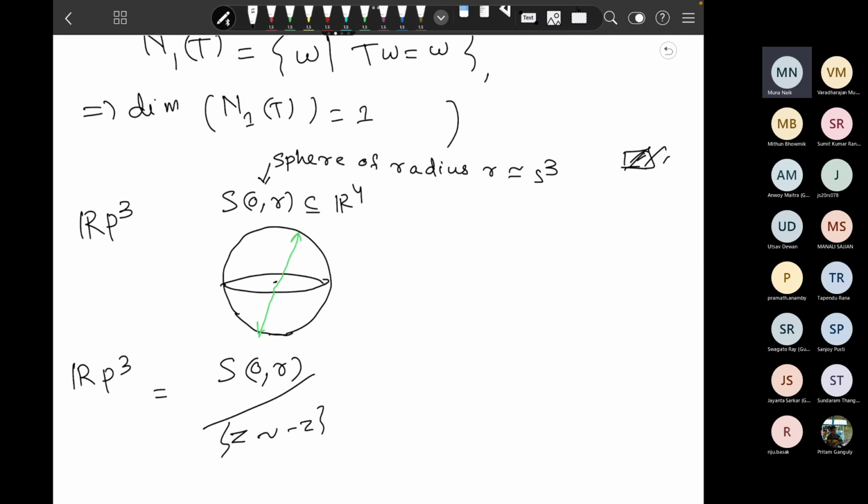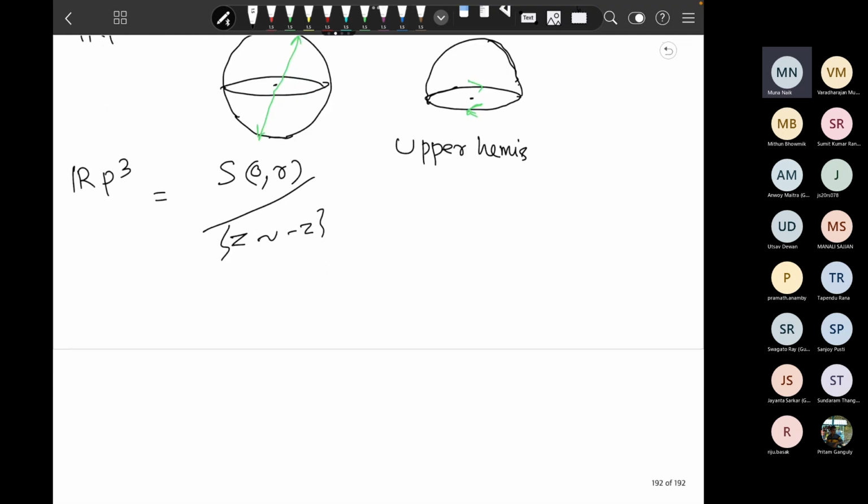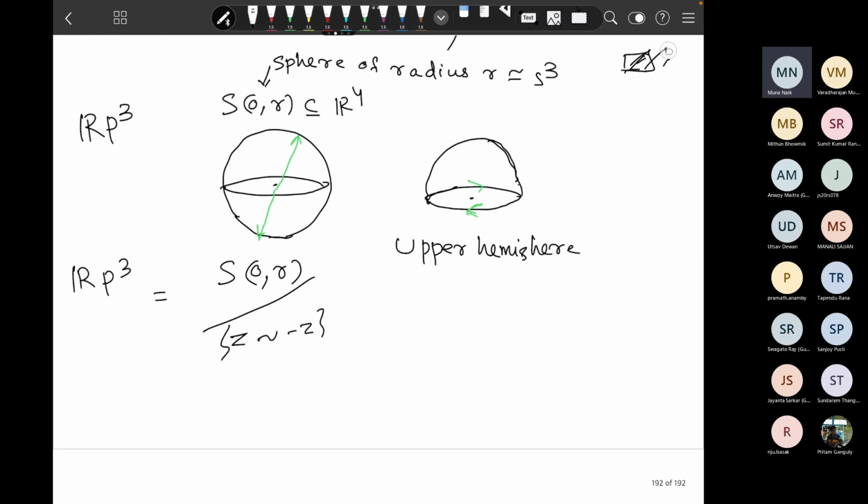So now you can also do that same thing. You take the upper hemisphere, and you identify antipodal points of the equator: z to minus z, where z belongs to the equator.